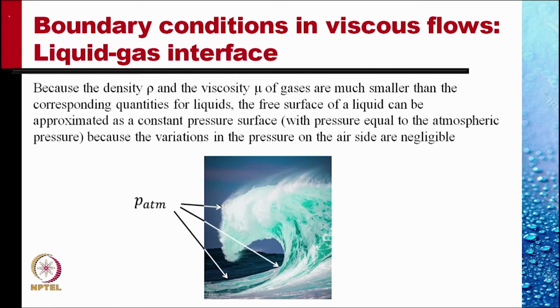At a liquid-gas interface, because the density rho and the viscosity mu of gases are much smaller than the corresponding quantities for liquids, the free surface of the liquid can be approximated as a constant pressure surface. Because of continuity of pressure, the pressure within the liquid at the interface is equal to the pressure of the gas at that interface.